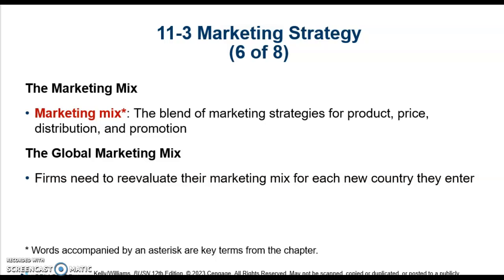In the distribution strategy, the goal is to deliver the products to the right people in the right quantities at the right time and in the right place. In the promotion strategy, promotion includes all of the ways that marketers communicate about their products.